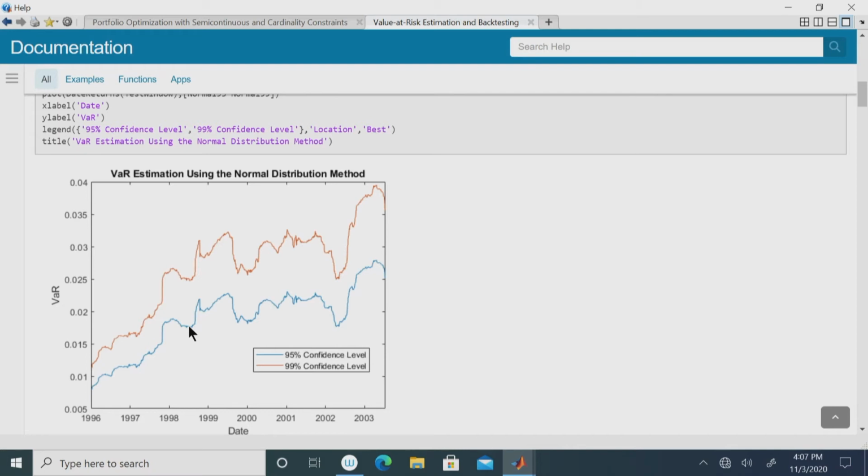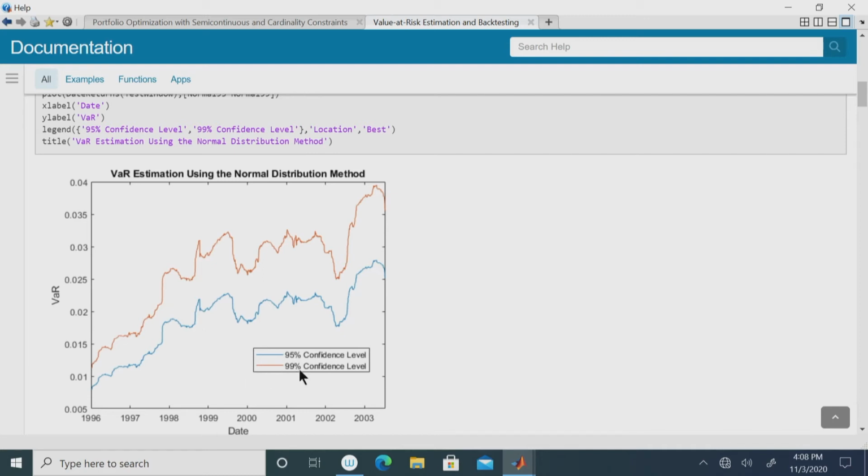If you are doing this using the normal distribution method, you are going to have a VaR on a daily basis, and if you plot this VaR, that is the value at risk for this entire period under consideration, what you see here is the progression of the estimate of VaR using the normal distribution method. The one in blue is at a 95% confidence level, and the orange graph is the one at 99% confidence level.